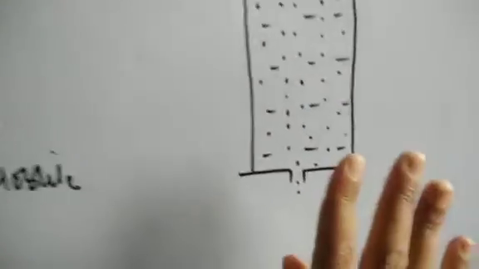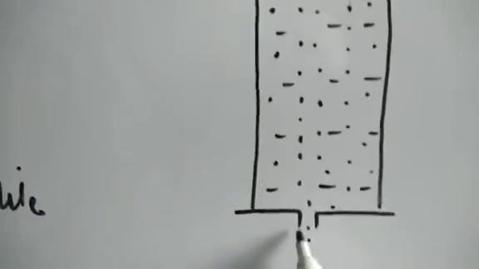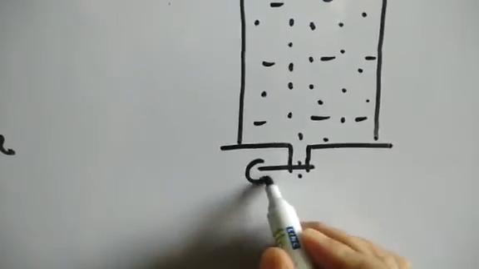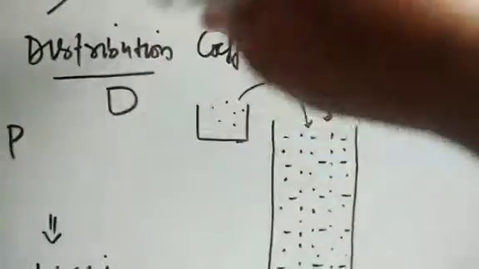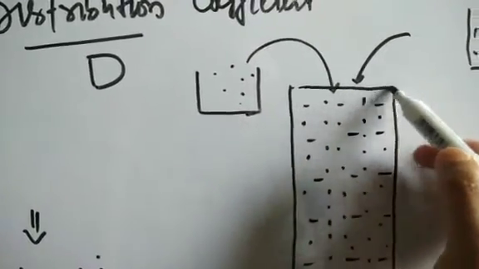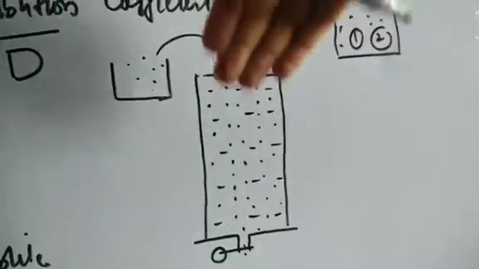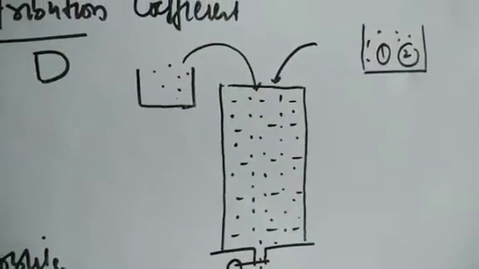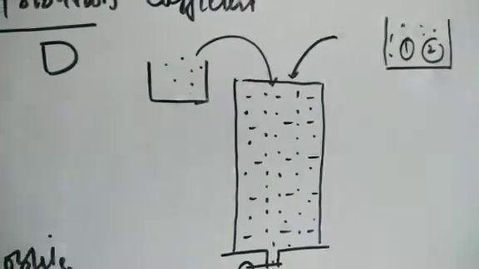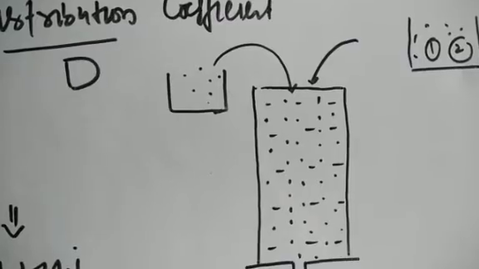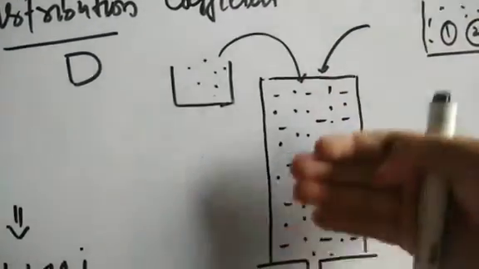Now at some period of time, let us say we close it from here, and from here we will not add the solvent either. So now we have a closed type of system. The solvent, the mobile phase, will be in contact with the stationary phase.